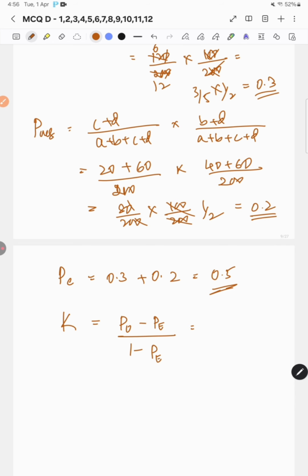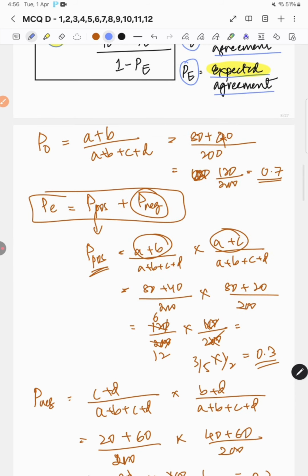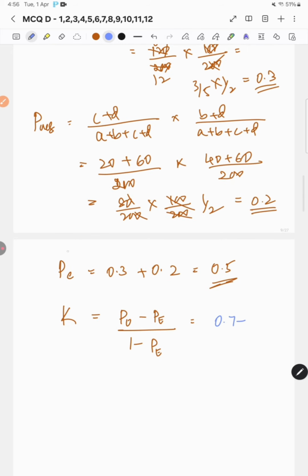What is P observed? We have calculated it, right? P observed is 0.7 minus P expected. P expected is 0.5 divided by 1 minus 0.5. So 0.2 divided by 0.5.